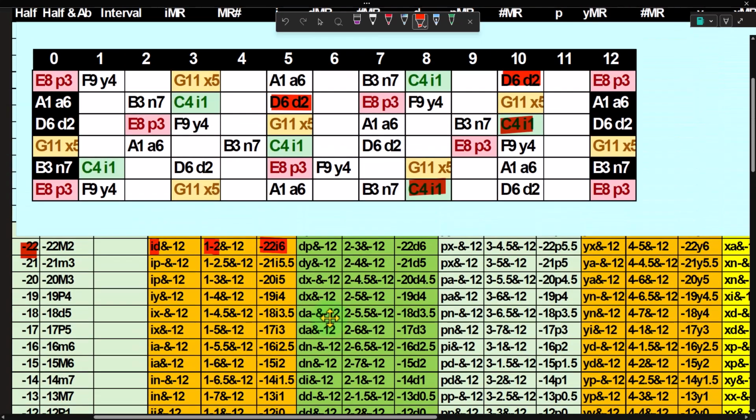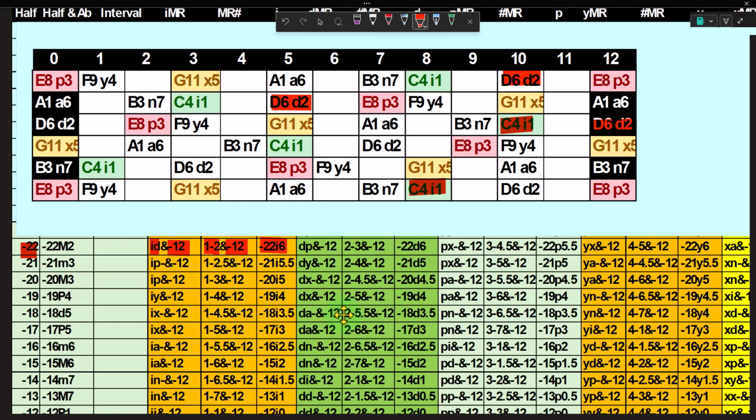So if I go 2 notes forward, let's go from here, then I can go to this one right here, which once again is the ID modal range. So if I go to the furthest one back from here to here, I'm going to say that's an ID and a negative 12, or a 1, 2 modal range, counterclockwise direction, and an octave difference between them.